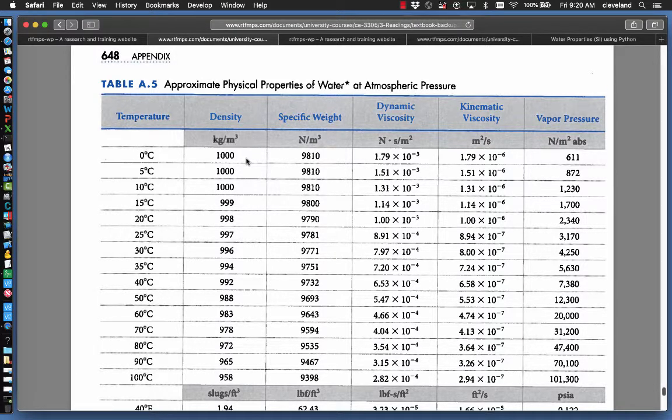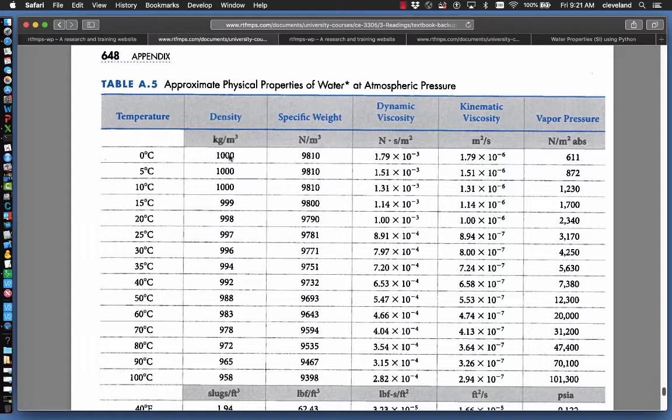And now let's look at the density. The density of water at 611 pascals is 1,000 kilograms per meter cubed. So I'm writing this down: rho at 611 pascals equals 1,000 kilograms per meter cubed, and we'll go back up to its boiling point.